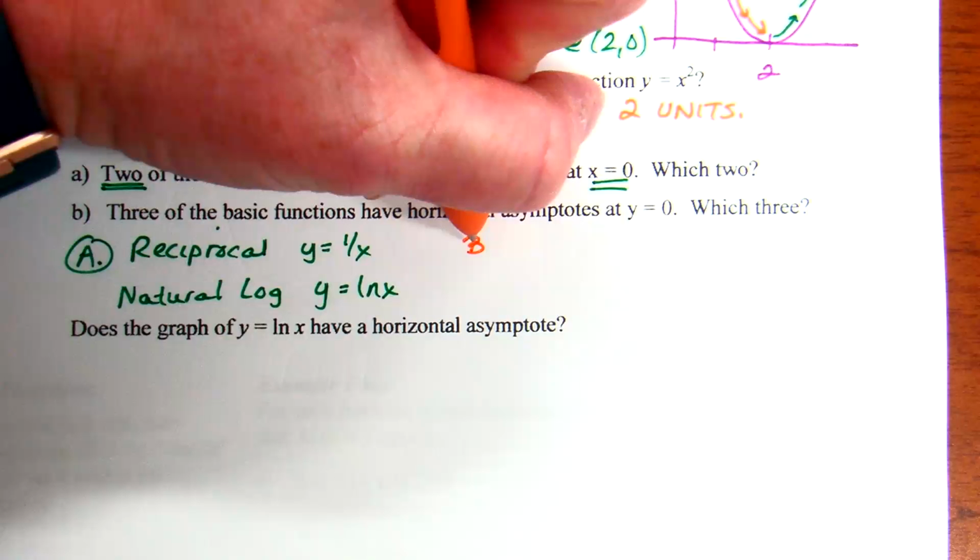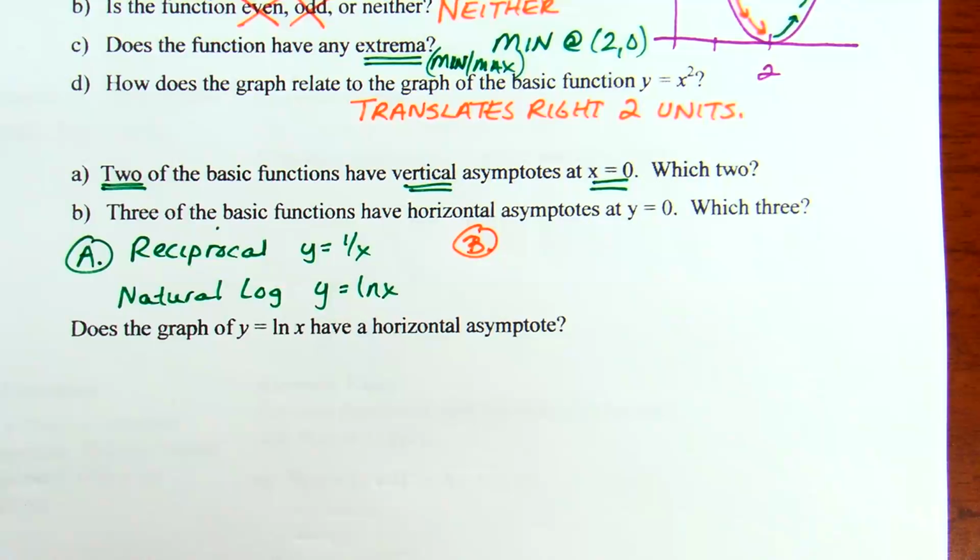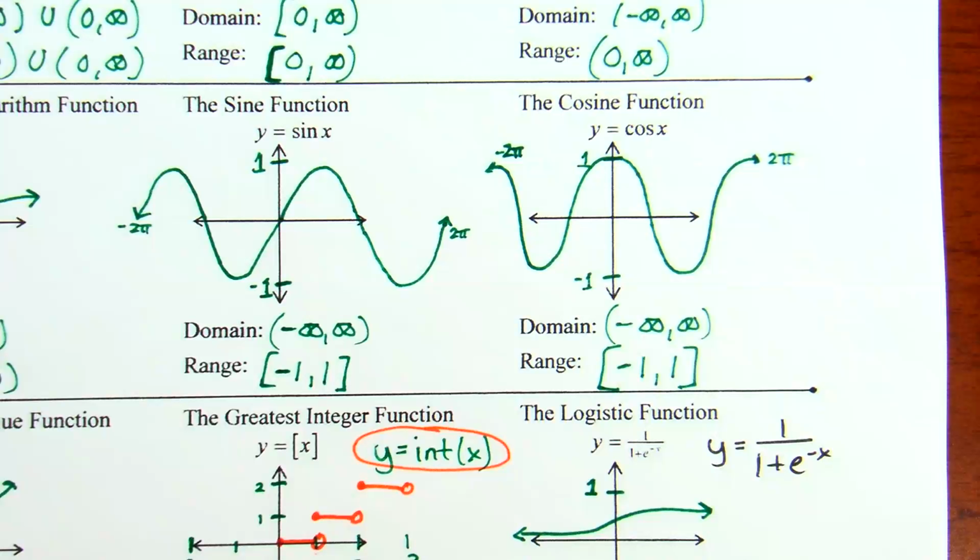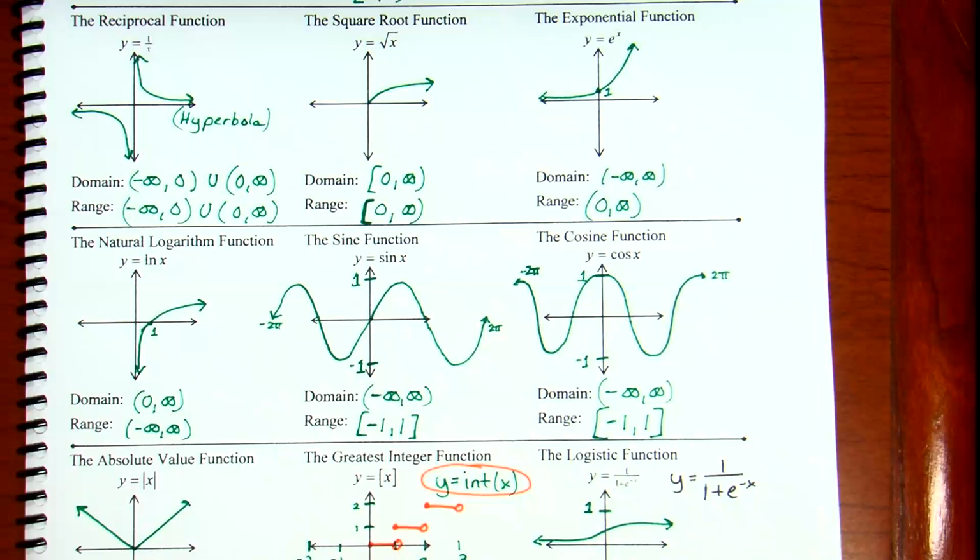Okay. B, to finish this off. 3 of the basic functions have a horizontal asymptote at y equals 0. So I'm looking for horizontal here. Where are their horizontal asymptotes? Basically on the x-axis.